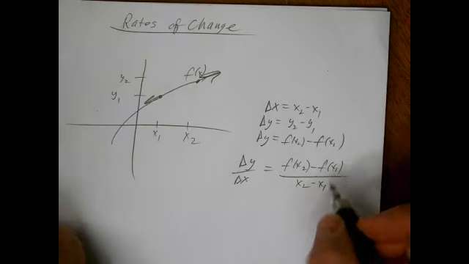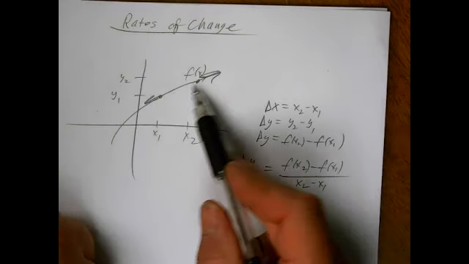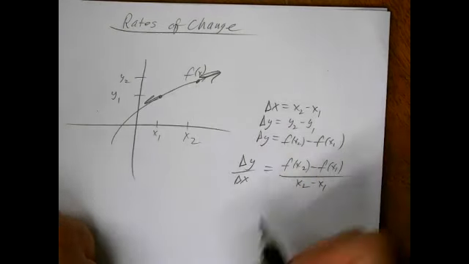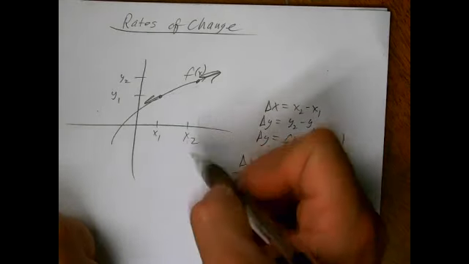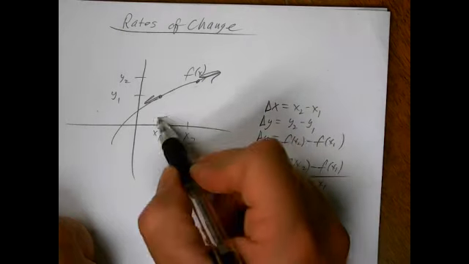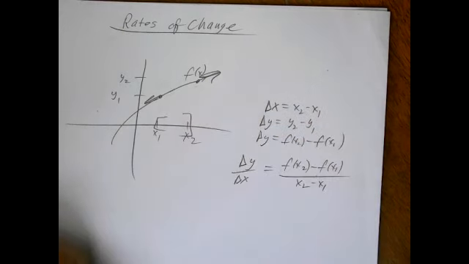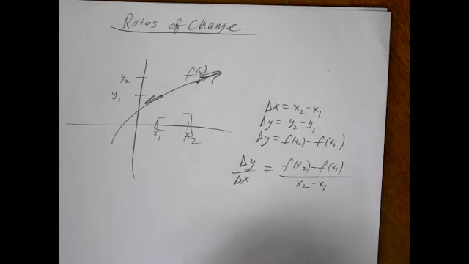In other words, this isn't the rate of change of the function. It is an average rate of change between these 2 points over the interval from x sub 1 to x sub 2. And again, in many fields like economics, biology, chemistry, physics, you deal with things that are changing.